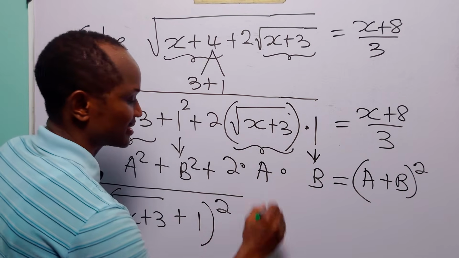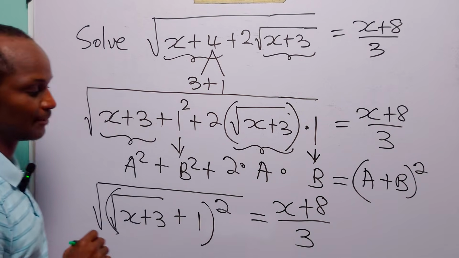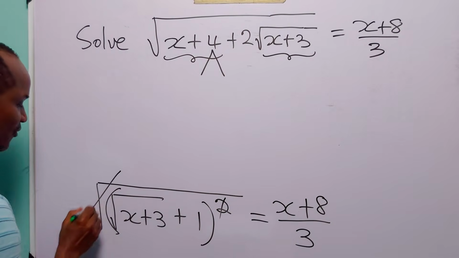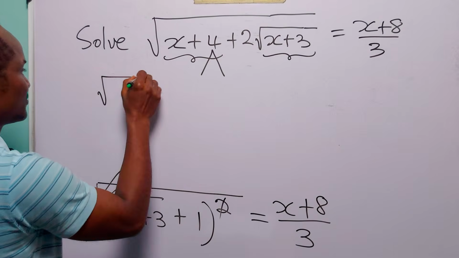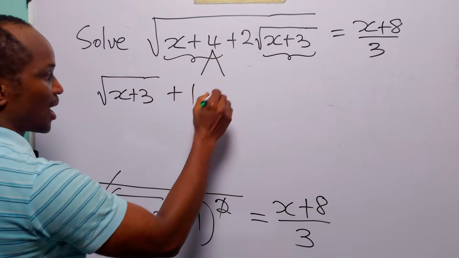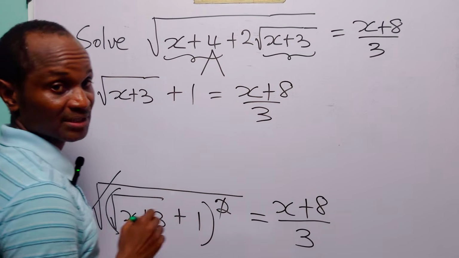And of course, on the right hand side, we still have x plus 8 over 3. And of course, this square is going to take care of the large square root. And we have that the square root of x plus 3 plus 1 is equal to x plus 8 over 3.